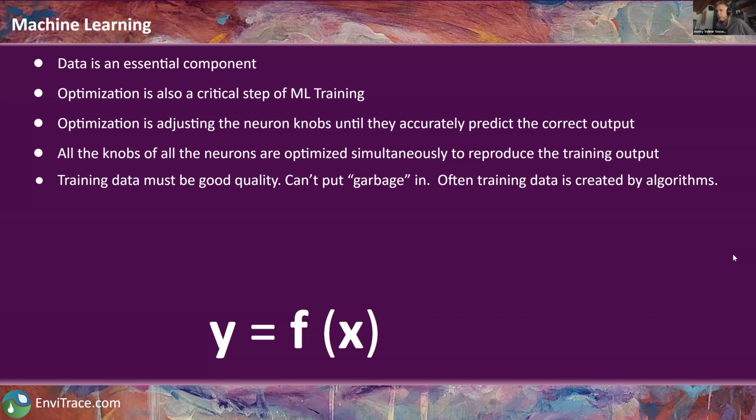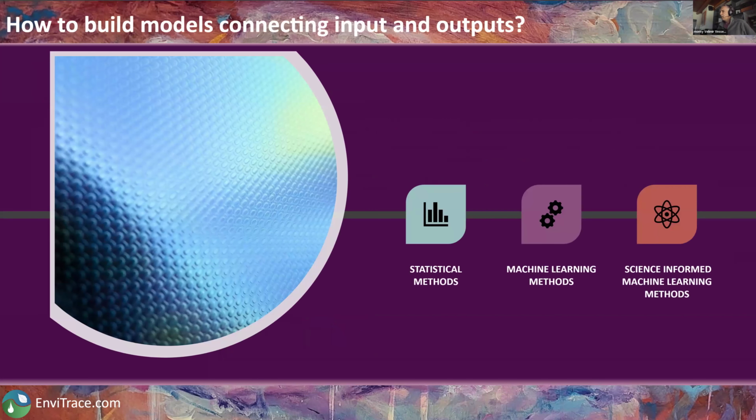I'll show in a little bit how all this works. I think Trace emphasized frequently, when we talk about different models, we talk about statistical methods, we talk about machine learning methods, and mostly now we talk about science-informed machine learning methods, which allow us to bring science into the machine learning process. This is knowledge that we have about what we're trying to solve.